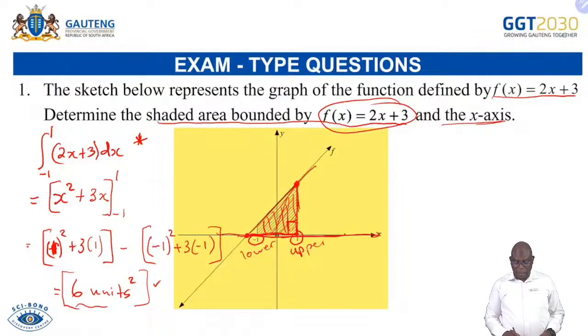You can go and try it on your own. The length of this line will be 1 substituted there, which will be, I think, 5. Then from there you can get the length of that. Then you put them together, and you're going to get 6. Okay, you can go and try it on your own there. Right.